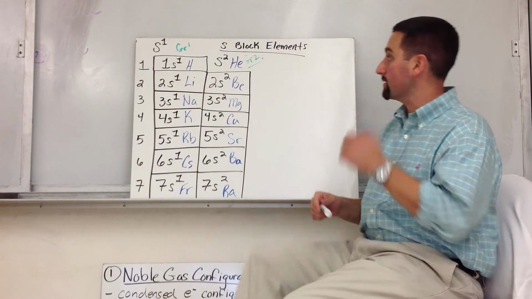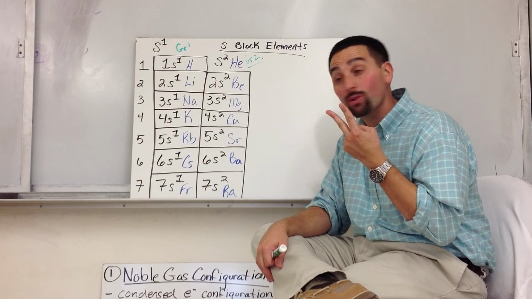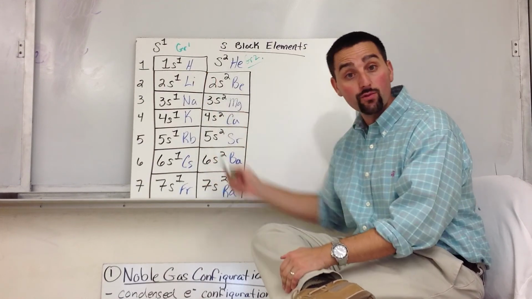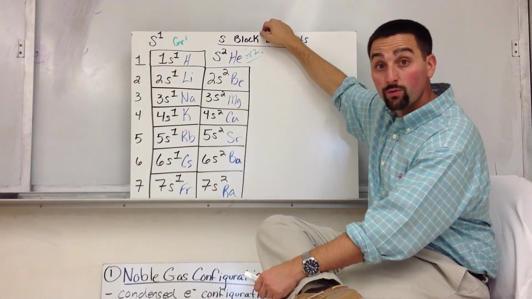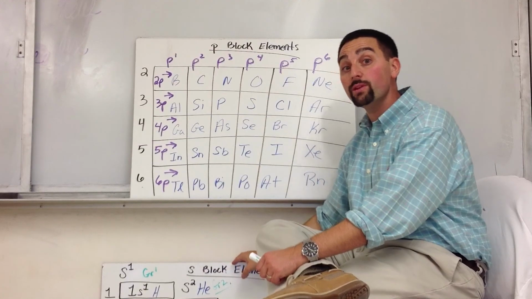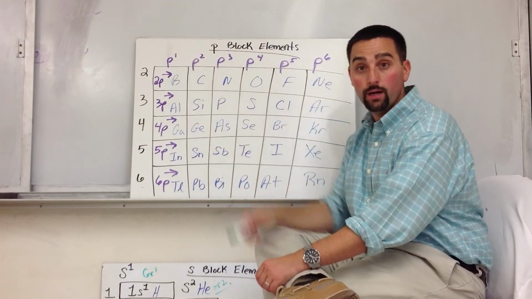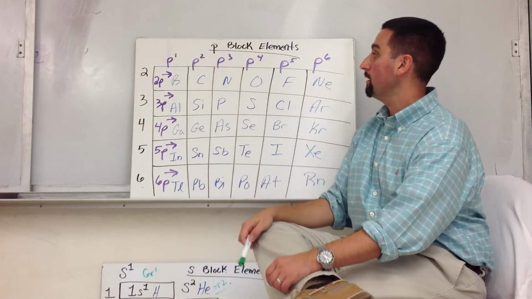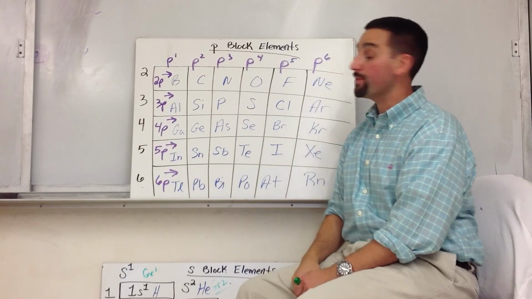Another hint is to notice that the s subshells can only hold 2 electrons, because there's 2 s groups. The p block elements can hold a total of 6 electrons, because remember there's 3 p orbitals, and we start at group 13. Look at boron's group. Boron's group ends in p1, all the way down to thallium, Tl.